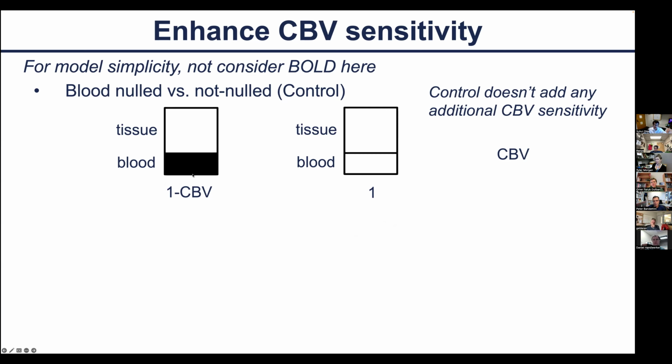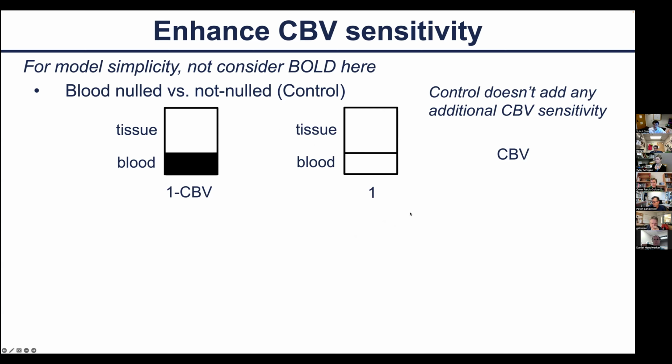If we null the blood signal, the voxel signal becomes 1 minus CBV. In the control condition, without considering saturation or steady state, just the initial state, there's no suppression at all, so the voxel signal will be 1.